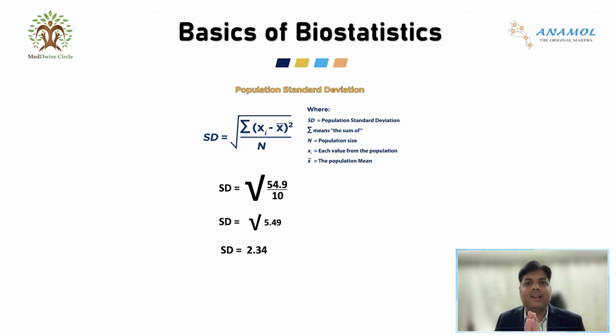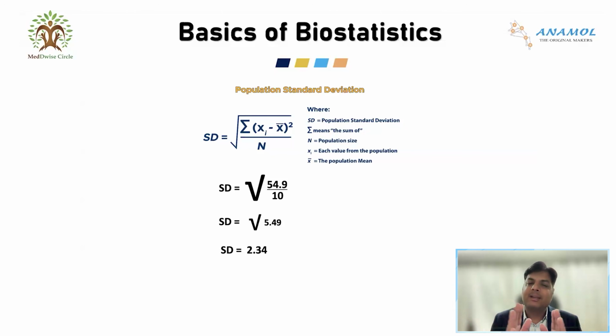Now in simple English, what it means is that if I am a teacher and I teach science to my class, I have 10 students in my class. When I take the exam and see how many marks each student has scored, I will calculate the average.